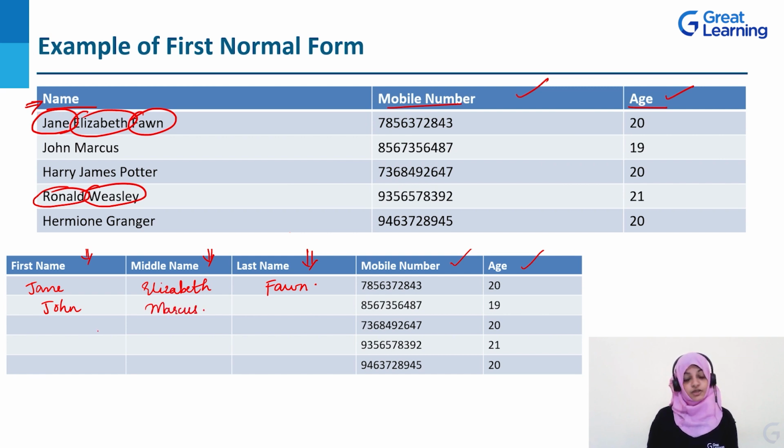What happens if there's no middle name? Then we'll accordingly put in the first and the last name as given. So thus you can see how now it becomes easy for the system to retrieve the first, the middle or the last name as per the requirements. Thus, this is how our first normal form will be achieved.